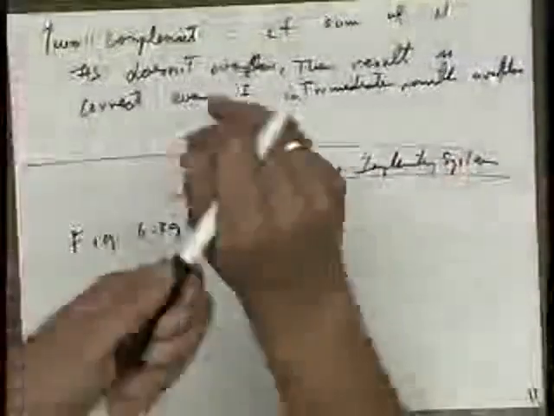Okay, the next thing I want to talk about is quantization in implementing systems, in particular implementing FIR and IIR systems. I want to start with figure 6.39, so that you can see these various sources of error that I was talking about earlier. Can you zoom in on the top part?